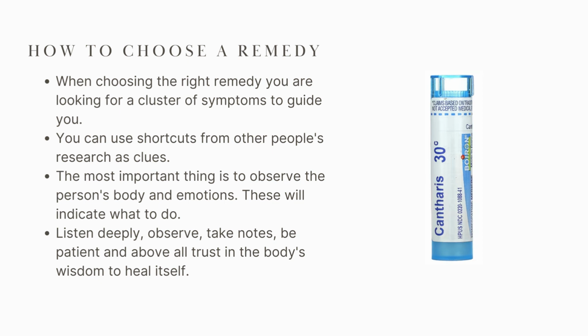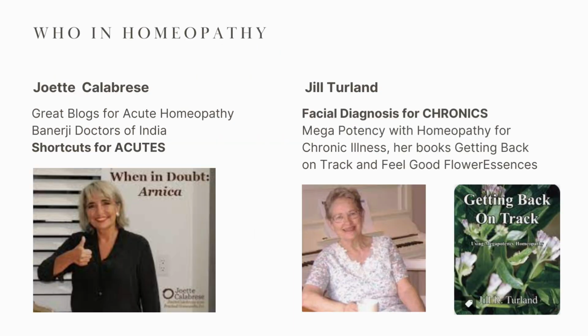You can also use shortcuts from other people's research as clues. The most important thing is to observe the person's body and their emotions, and these will indicate what to do. Listen deeply, observe, take notes, be patient, and above all, trust in the body's wisdom to heal itself.